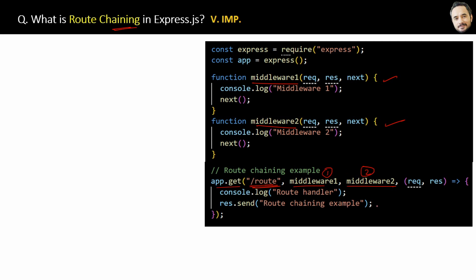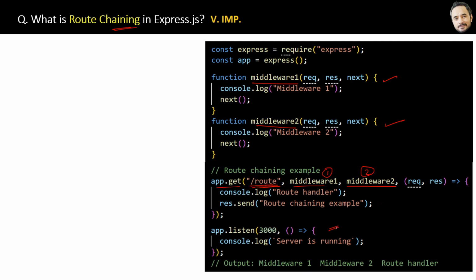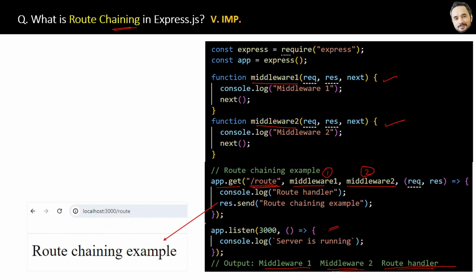Then we will of course start the server and enter the URL in the browser, and see the output we are getting: middleware 1, middleware 2, and then finally the route handler. So basically from the above middlewares only we are getting this, and this output is also there at the bottom, and the route chaining example is inside the route method.